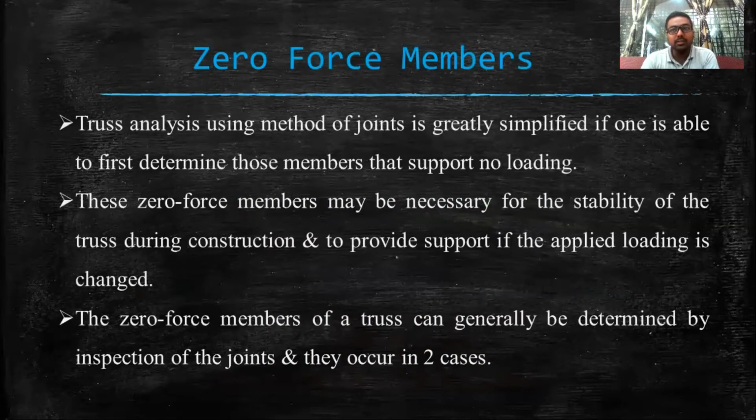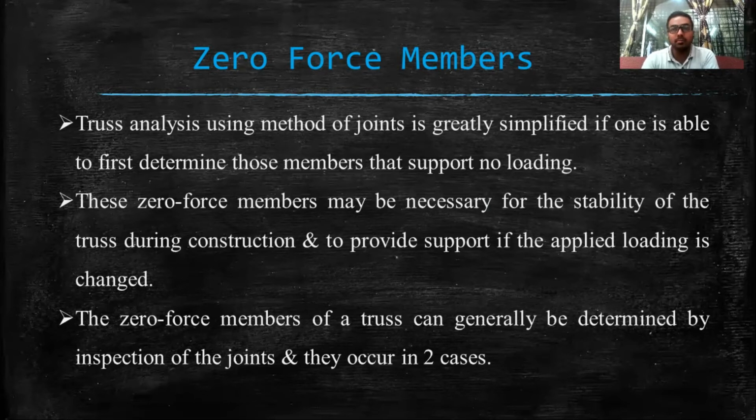Now, what is a zero force member actually? In our truss structure or any kind of structural analysis problem, we can see that in some cases there are members within our truss that are supporting no forces. If we analyze the whole truss, we can find that a particular member of that truss is subjected to zero force. There is no force at all.